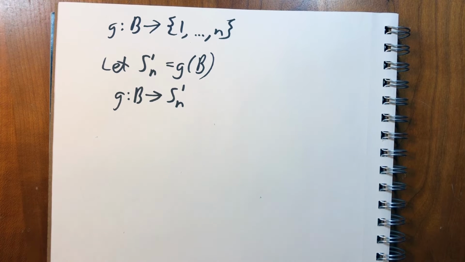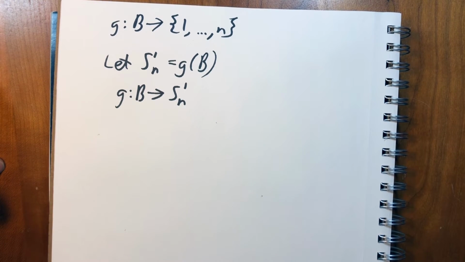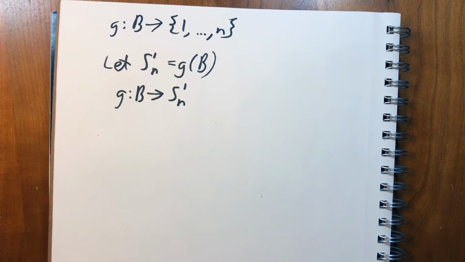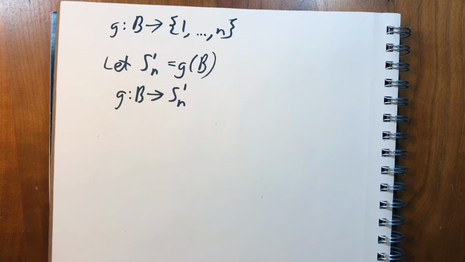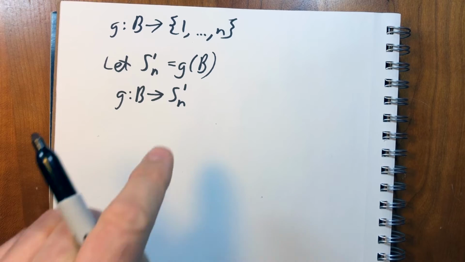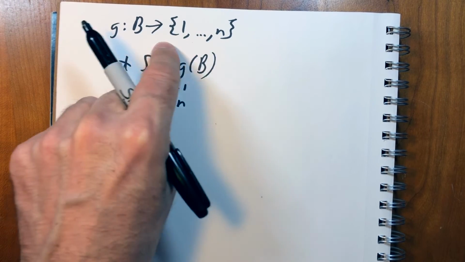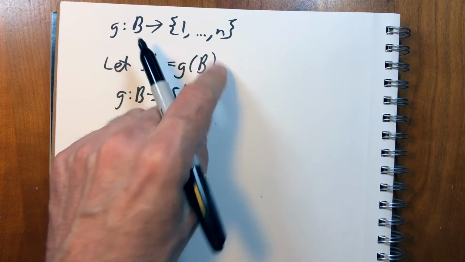We can make the range bigger or smaller without affecting the definition of the function, as long as each element in the domain has a value in the range. The important detail to note here is that Sn prime is not necessarily a section of natural numbers. It's not necessarily consecutive. We don't know anything about it except that it is a subset of this set of natural numbers, okay? Because some could be skipped.